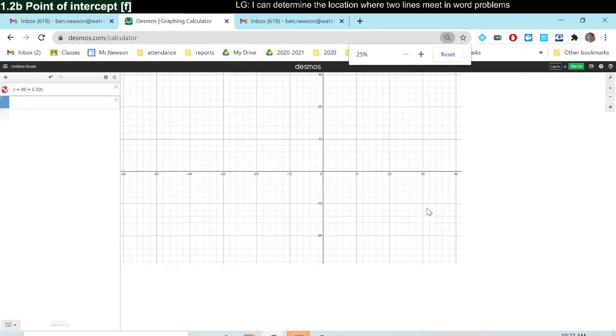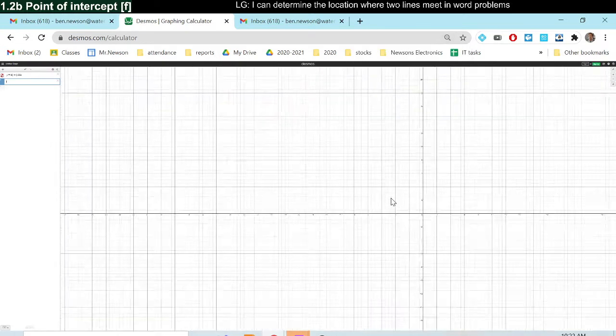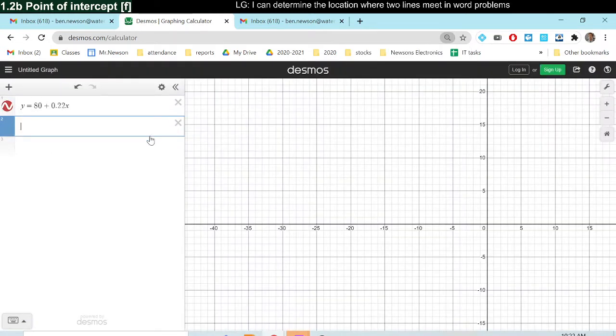What's going on? Let me zoom out. And then y is equal to 100 plus 0.12n. So here are my two functions.